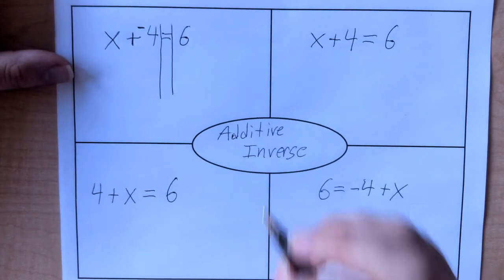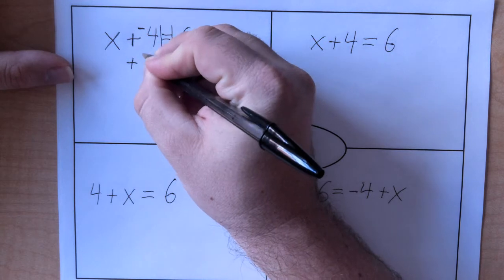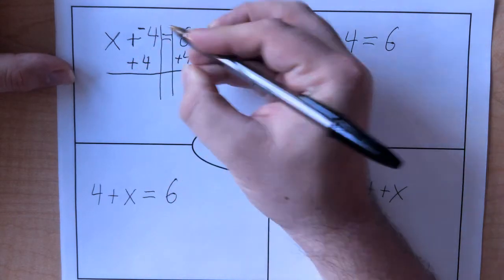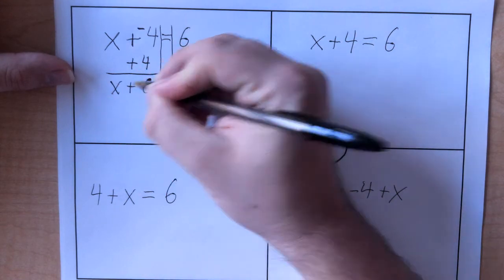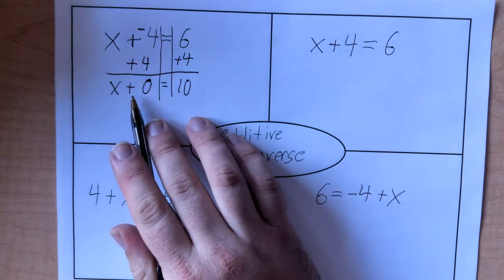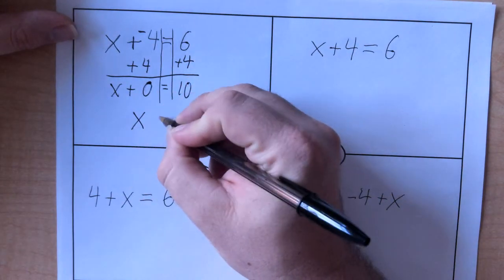And we are going to add the opposite. If I have negative 4, I'm going to add the positive 4, and I do the same to each side. Negative 4 plus 4 is 0. So I could write this as x plus 0 equals 10, but anytime I add 0 to a number, it doesn't change the value. So this is just x equals 10.